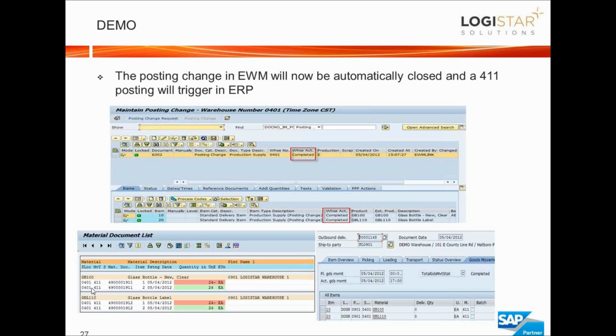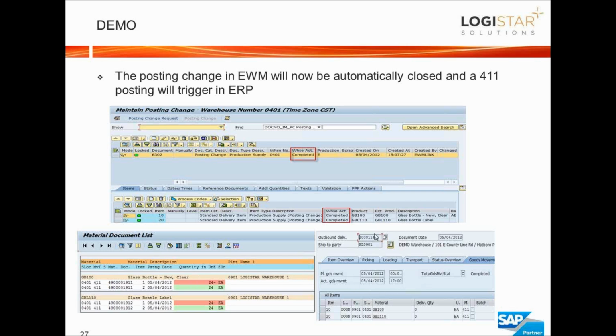This is really because I'm using just the one storage location setup, which is why it looks probably a little awkward. It's moving out of the storage location and back into the same storage location. If you had been using two different storage locations, then you would have seen the 411 reflected across two different storage location numbers.